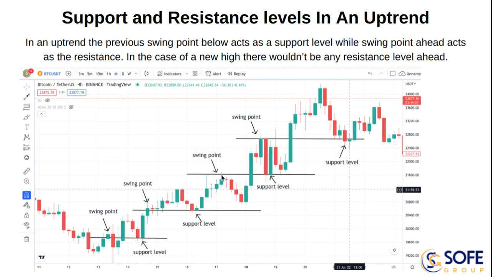Entry point is here, take profit is here. There is no point entering this trade at this point, because it will hit this place and reverse, and come back down before it gives you profit, and you get a minus.